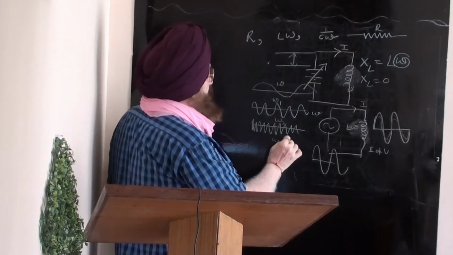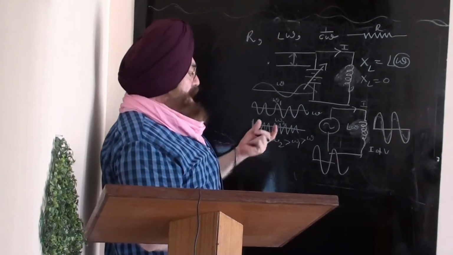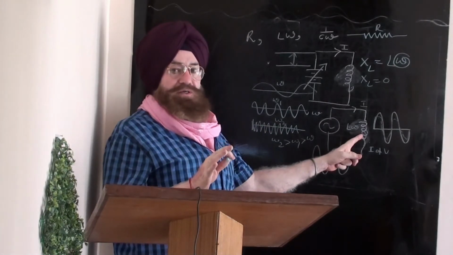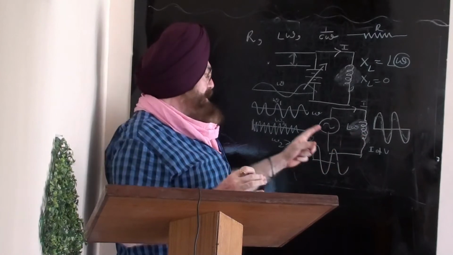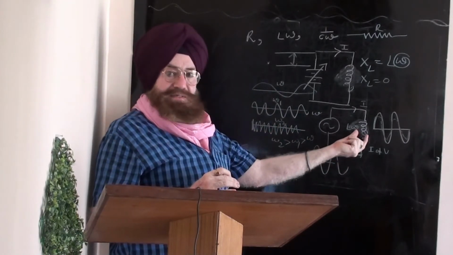Omega 2 is greater than omega 1. So the higher the frequency, the coil gives more opposition, more reactance. And the lesser the frequency, the coil will oppose less.